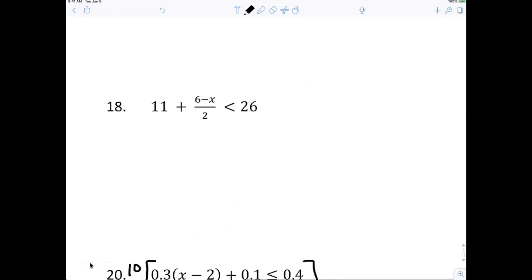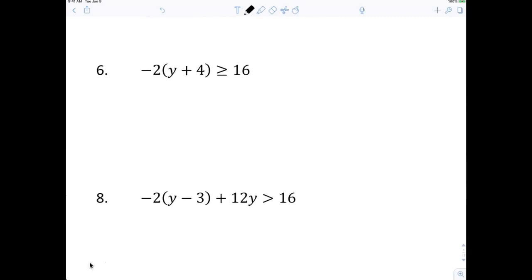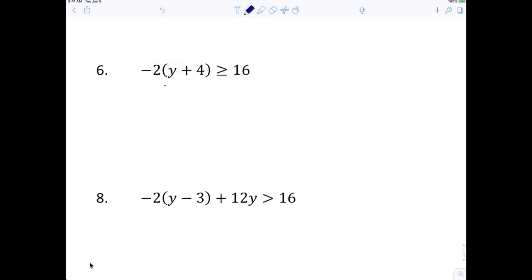Perfect. Let's go check out number 6. Now on this one, I would divide by -2 first. But you have to remember, if you divide by -2, what happens? You have to switch the sign. So this is going to be y plus 4 less than or equal to -8.